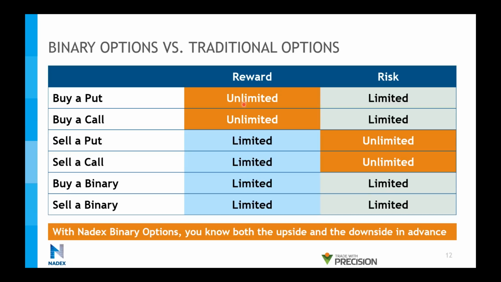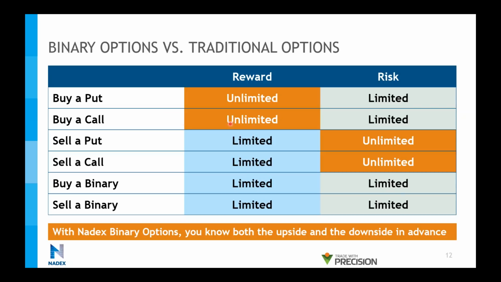Yes, if we buy that put, we can profit all the way until the market goes to 0. So technically, yes, there is a limit, but usually this is such a huge move in a perceived way that reward is unlimited. The risk is also limited here in this scenario because if we buy that put, we have to pay the premium, and if it doesn't work out, that's the maximum that we can lose.